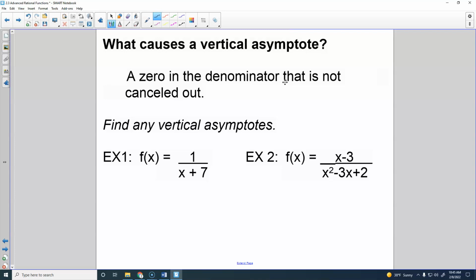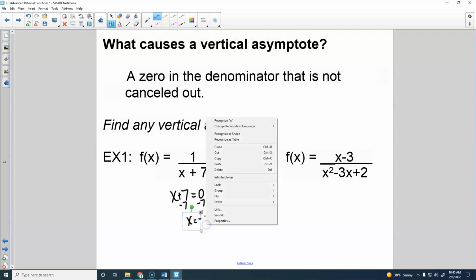So, you'll see a lot of these where you don't have graphs. You just have equations, and they ask you for vertical asymptotes. So whenever that happens, if it's one like number 1, you're just going to take your denominator and set it equal to 0. And in this case, we'll subtract 7, so x will equal -7.